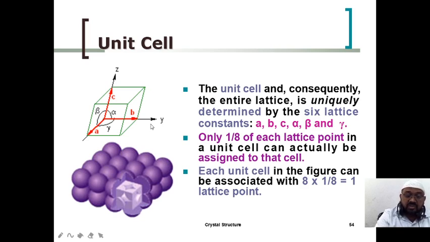When I say the unit cell is in the shape of a cube, how is that cube represented mathematically? For that, we take 3 axes. What I am doing here is extending the lines of any 3 faces of the unit cell. So here I am just extending it.